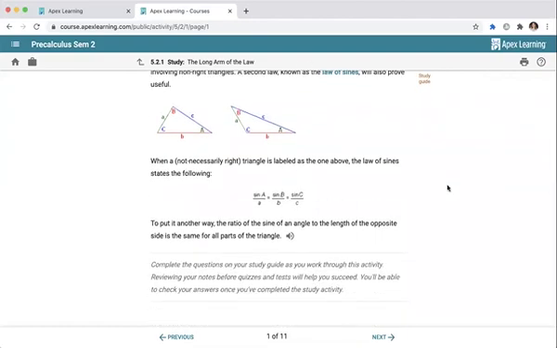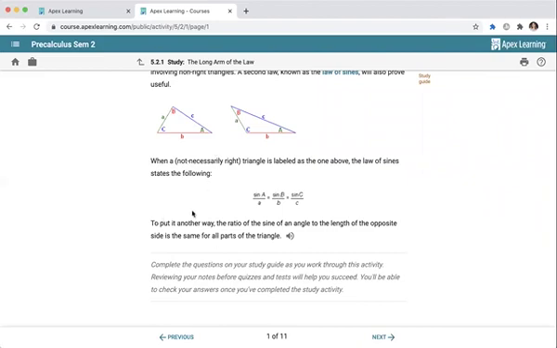So if we look here, we could say sine of A over a is equal to sine of B over b is equal to sine of C over c, all right? And this is what our law of sines states for both triangles, whether they're greater than or less than 90 degrees.